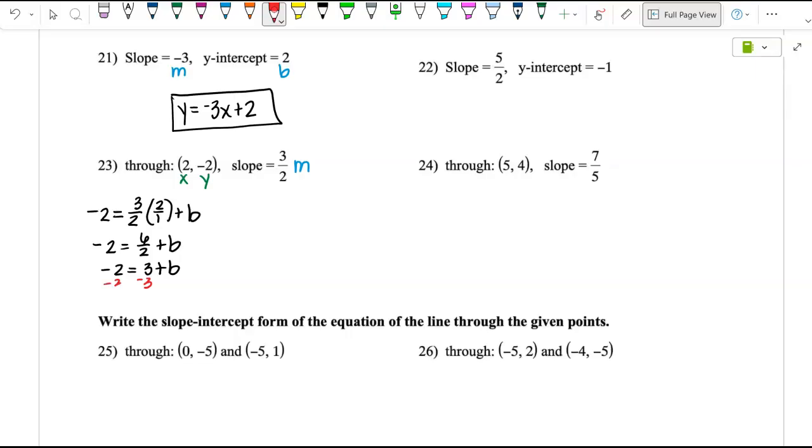Subtract 3 from both sides, and we get -5 equals b. So now I have a slope of 3/2. I have a y-intercept of -5. So y equals 3/2 x minus 5.